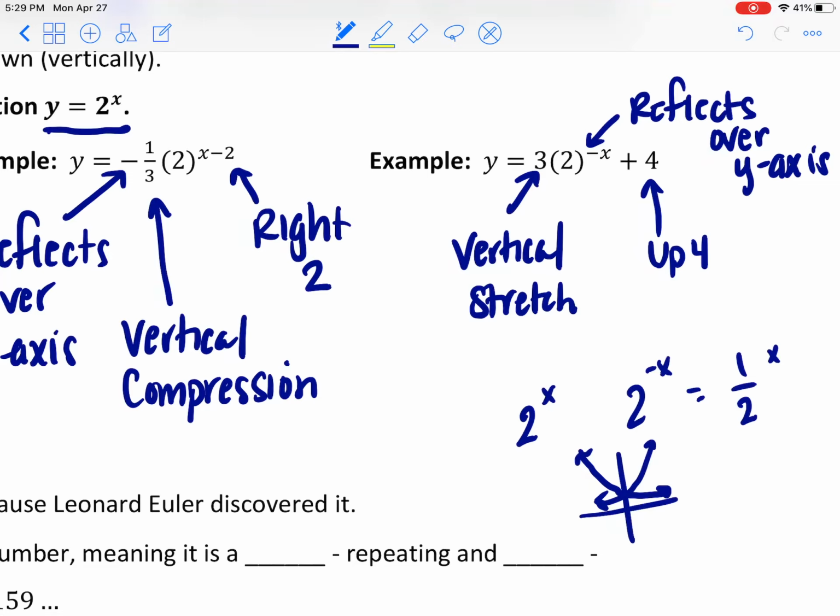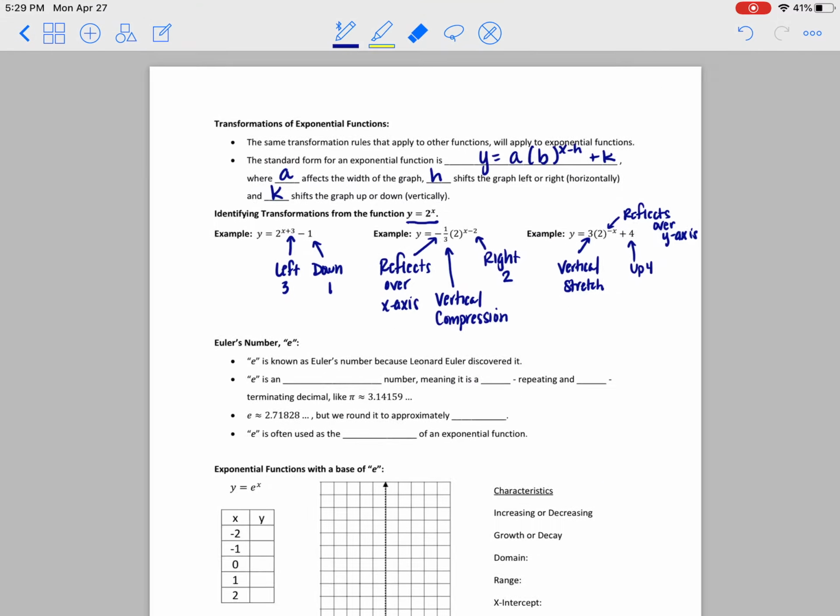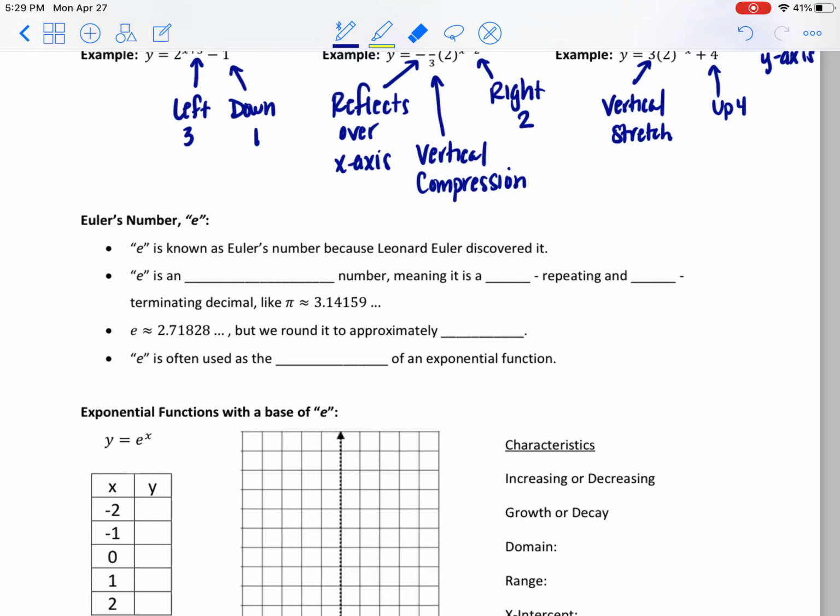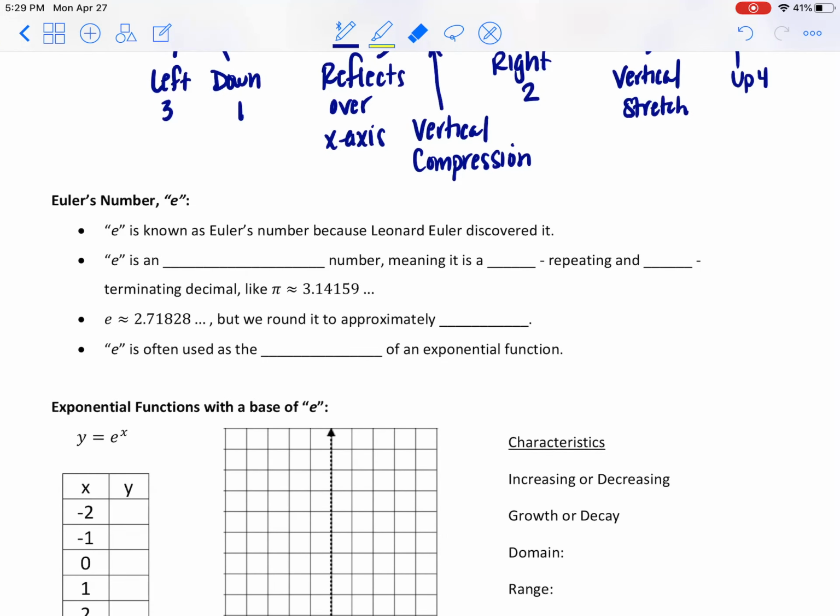So this is really equivalent to 1/2 to the positive x. And that's why we saw the 2 to the x power that did this. And then we saw the 1/2 to the x power was a reflection over the y-axis. It changed the direction there. Now it was decreasing because we were cutting that in half, but that negative flips that fraction, and we can see it's the same concept. It reflects that graph over the y-axis.